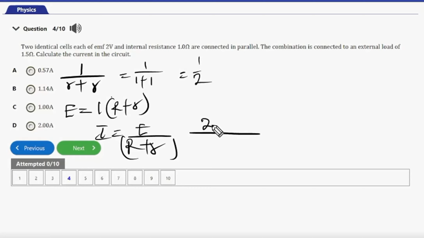Whereas for R here, we'll have 1.5, that's the external resistance, and then plus 1 over 2 is 0.5. So the current will now be 2 over 2, and that's 1, guys. So the current here is 1 amp, and that's it for this question.